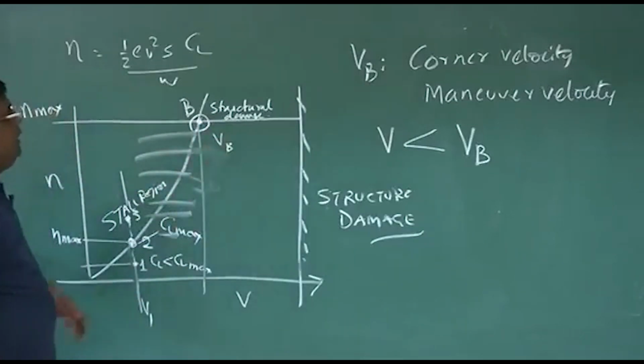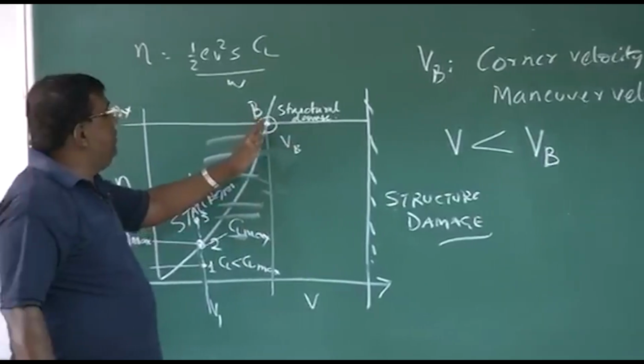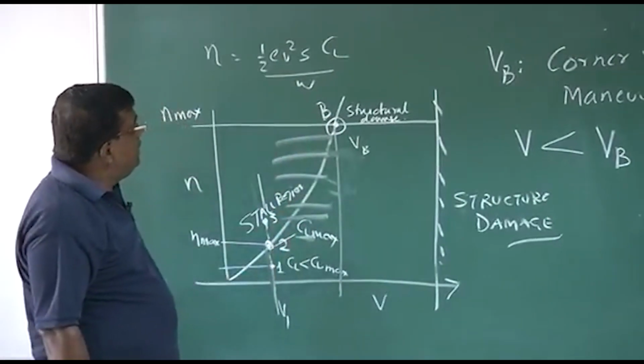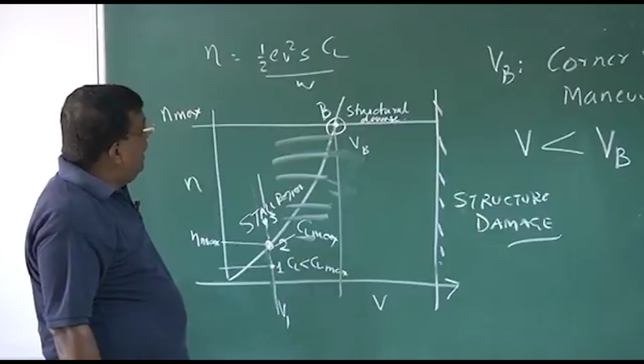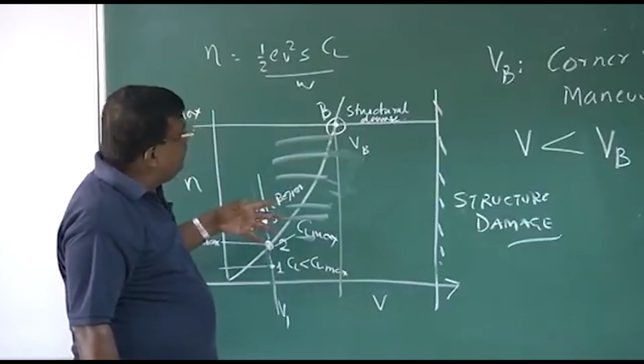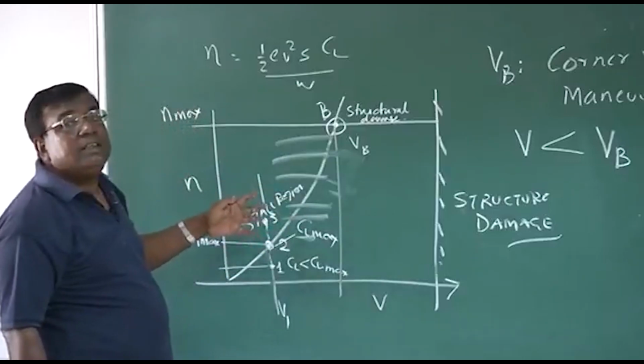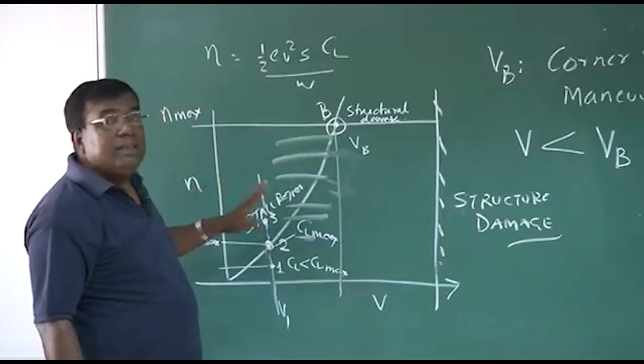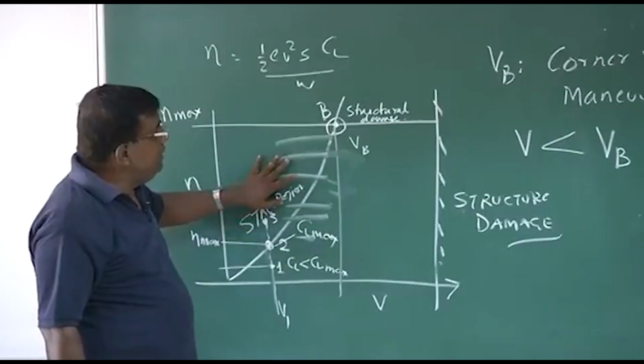Let me repeat. If I am flying less than VB, in all this speed region here, you could see that there is no way I can damage the structure, right? I can go into stall, but I cannot damage the structure, right?